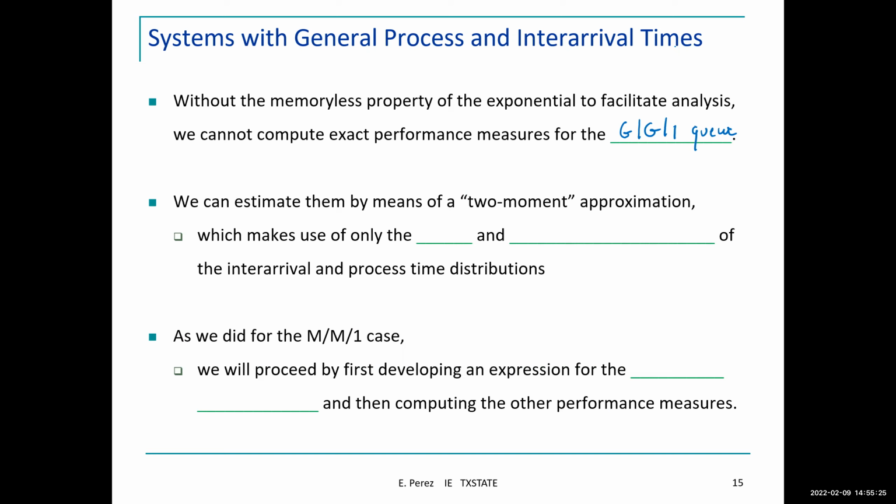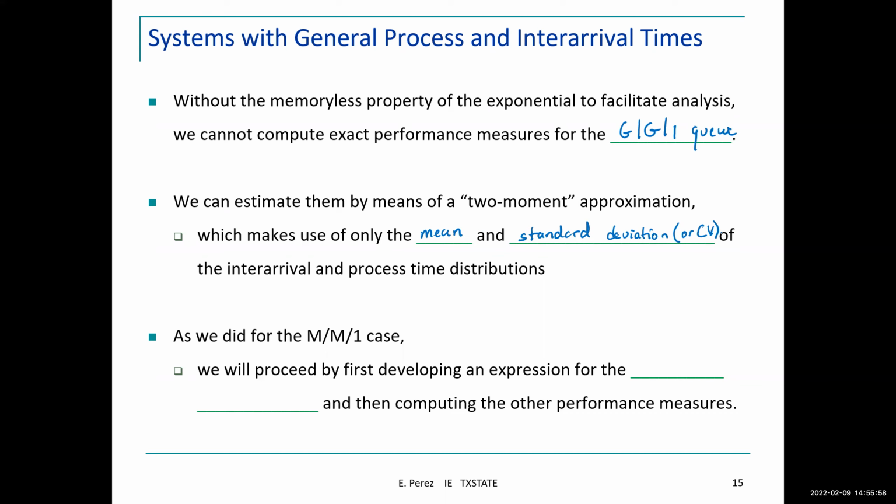We can estimate them by means of a two-moment approximation, which makes use of only the mean and standard deviation, or the coefficient of variation, of the interarrival and process time distributions.